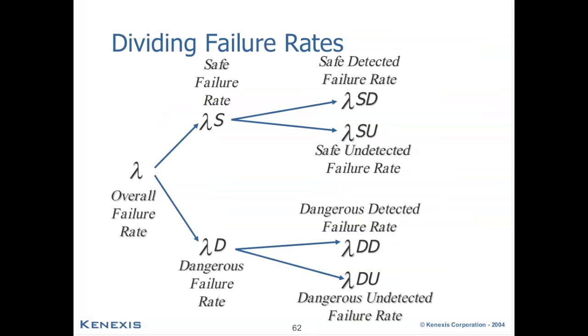And as you see, this allows us to expand on our previous definitions and now come up with four lambda terms for our devices: lambda SD, lambda SU, lambda DD, and lambda DU.